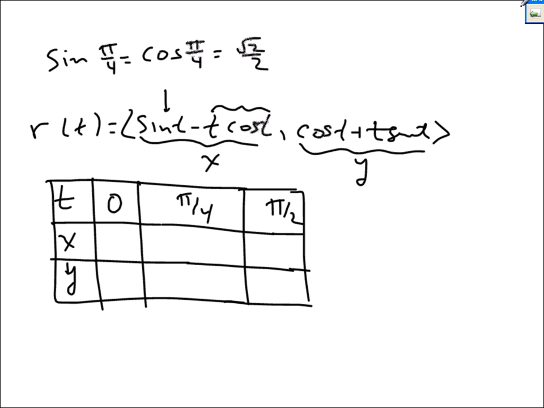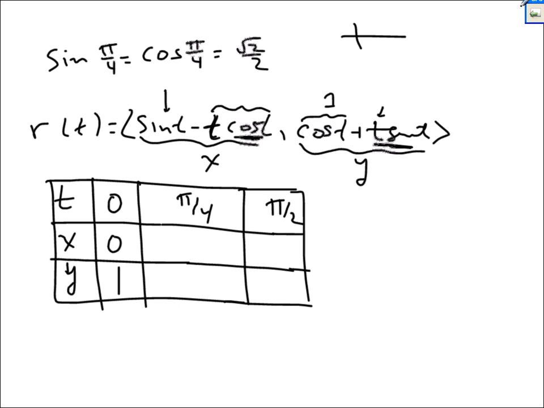And this, when t is 0, is going to be 0, because 0 times anything, in this case 1, is 0. 0 minus 0 is 0. Let's find the y value at 0. The cosine of 0 is 1. But this part's going to be 0 because you're multiplying by t, which is 0. So you get 1.